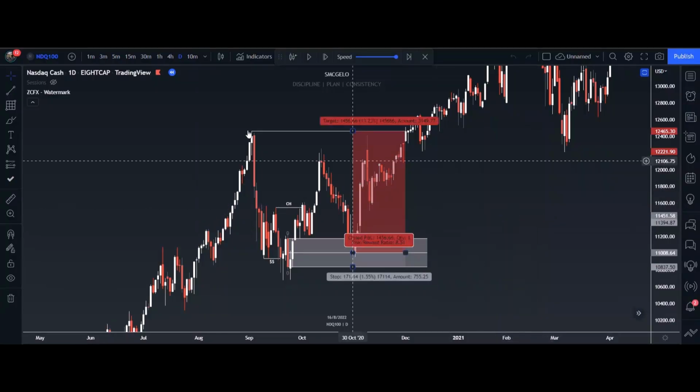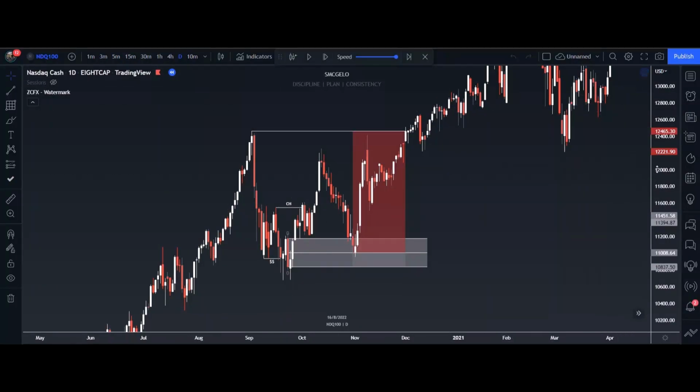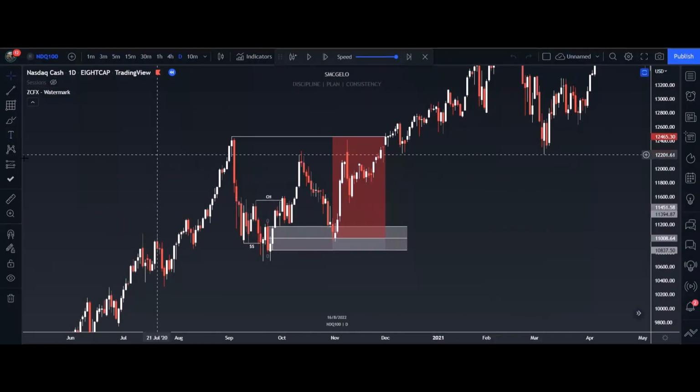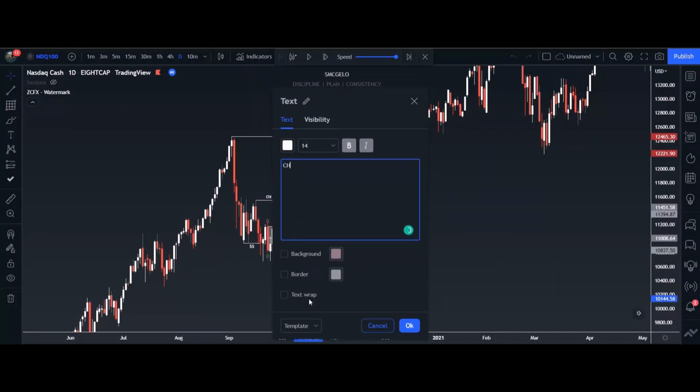And yeah, that's basically it. This is change of character. Once again, I'm just going to write this down for you guys. CHoCH: look for liquidity sweep first, and then look for the first initial break of structure, which is the CHoCH, the change of character.